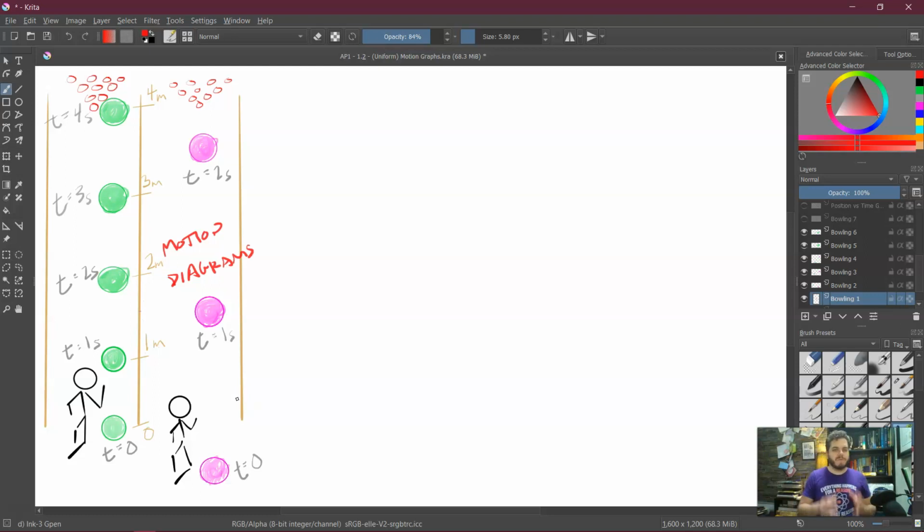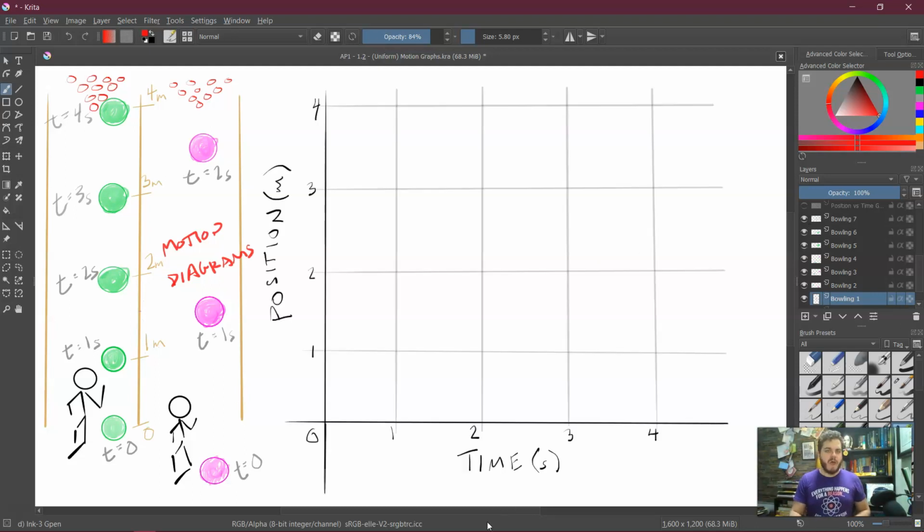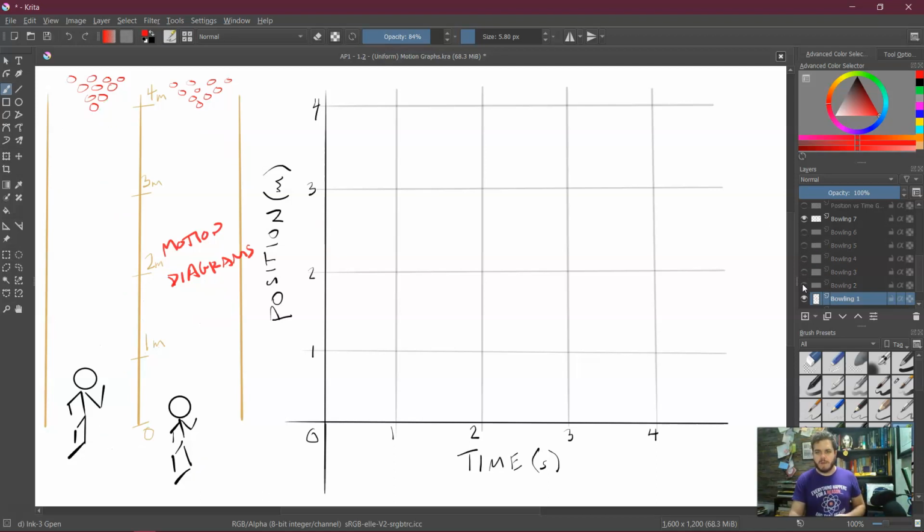But now we want to move this motion diagram into a graph. And the first type of graph we're going to look at is called a position versus time graph. So we have our position with unit of meters on our vertical axis and the time in seconds on the horizontal axis. And let's actually rewind a little bit here and see where we started.